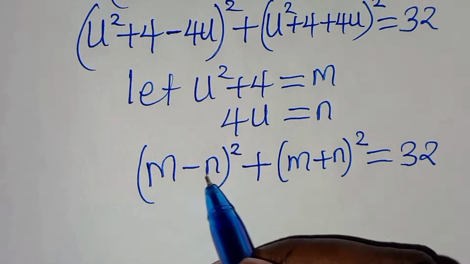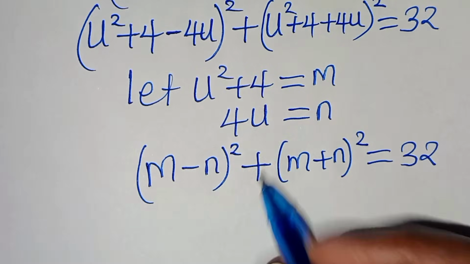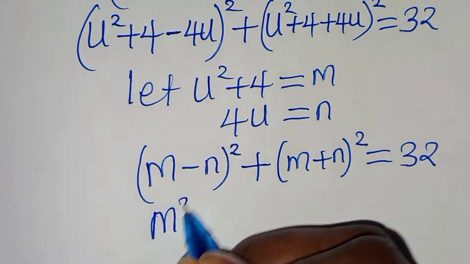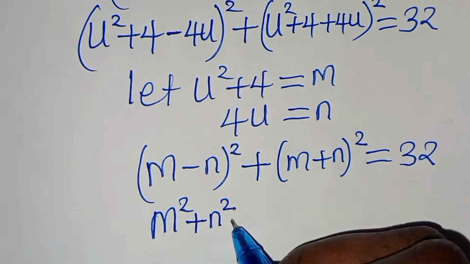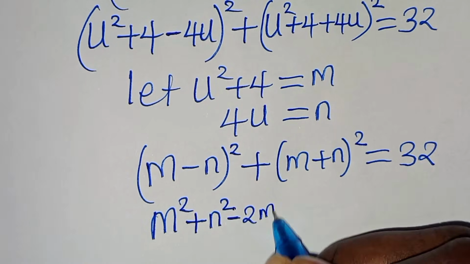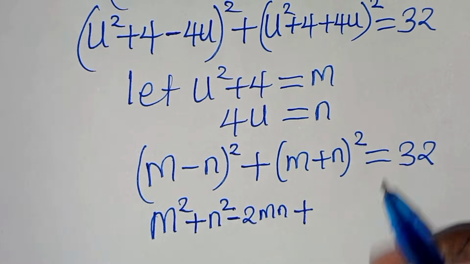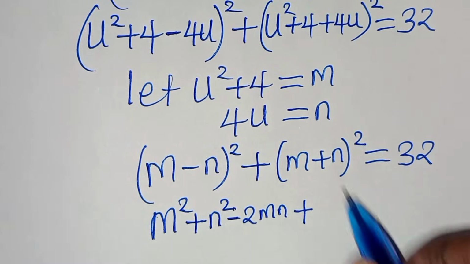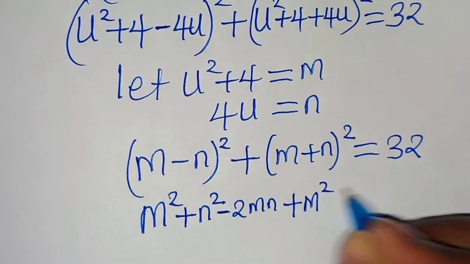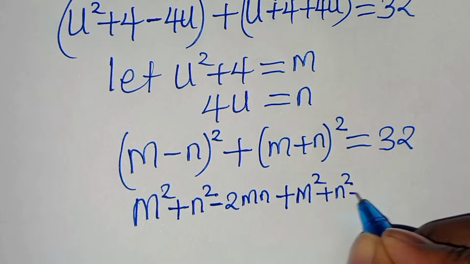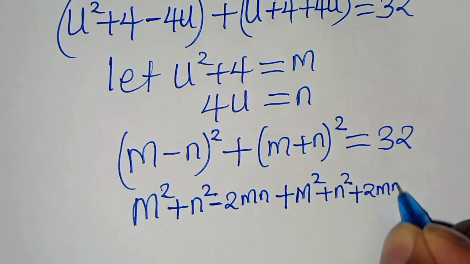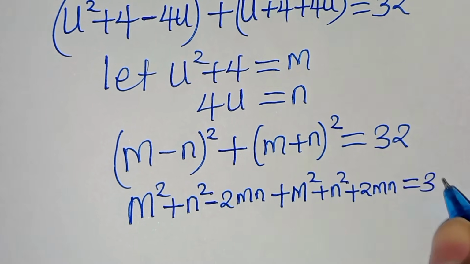So (m - n)^2, we can expand this. So this is m squared plus n squared, then subtract 2mn, then plus (m + n)^2, which is the same thing as m squared plus n squared plus 2mn. This is equal to 32.